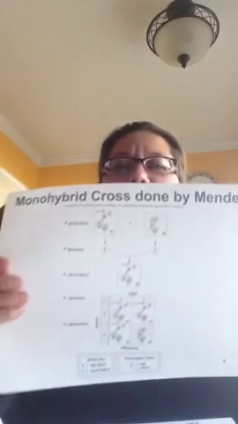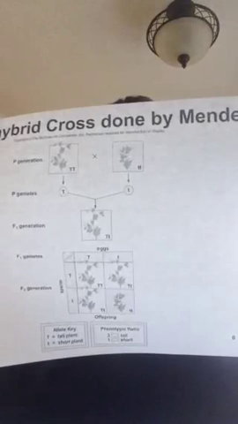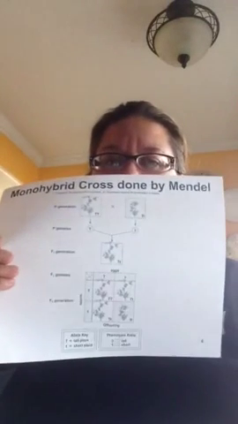He performed reciprocal crosses. He formulated the law of segregation. This is the monohybrid cross that he did, and that's how he determined certain things.